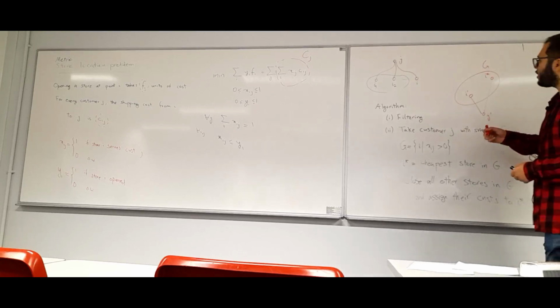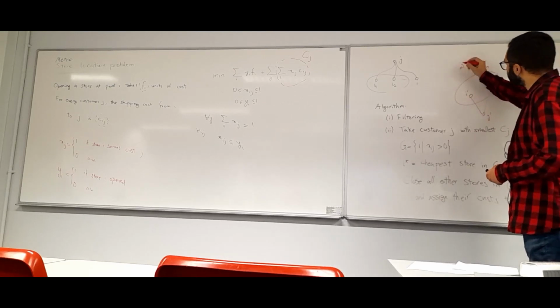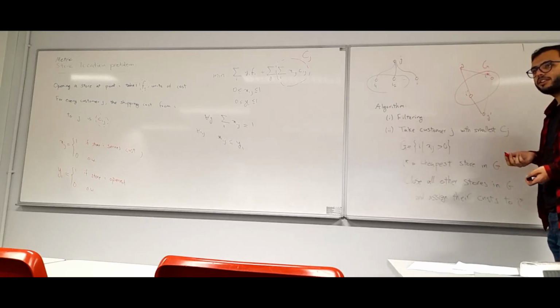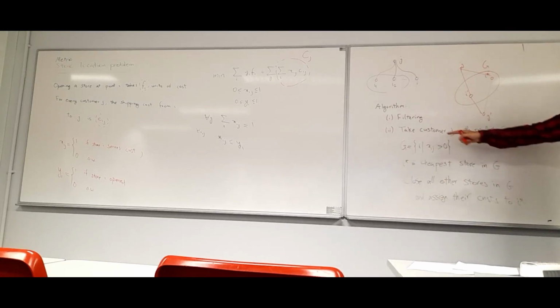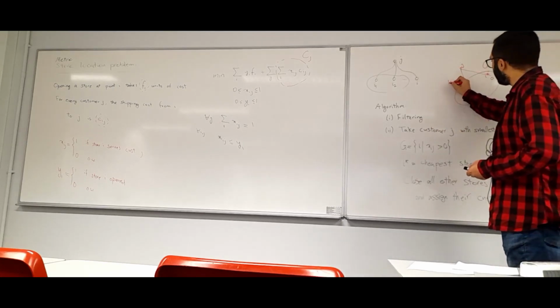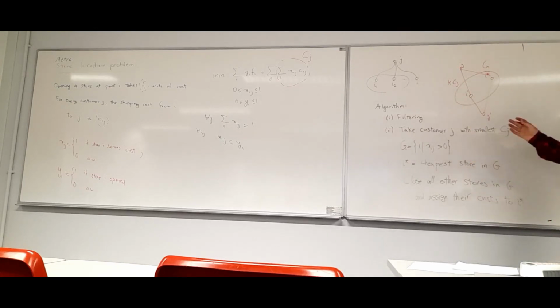Well, how did I find this group G? I had some customer J who used to go to all of these. Okay? But I had done filtering. So the distance from J to I prime was at most k times the average distance from J to everywhere that serviced it, k times Cj.